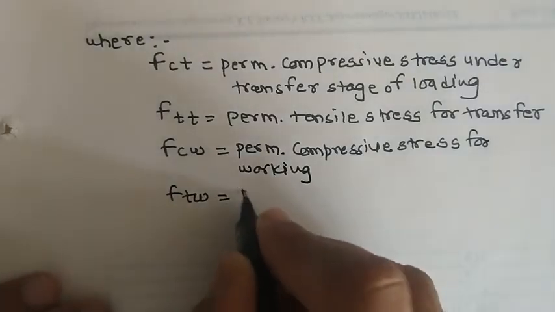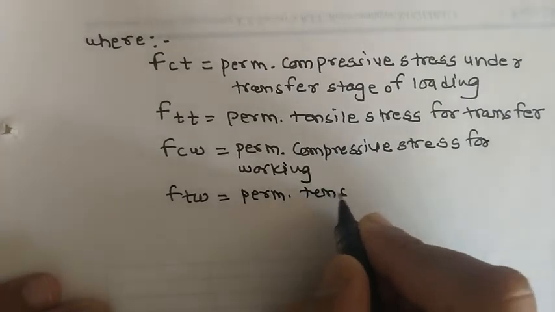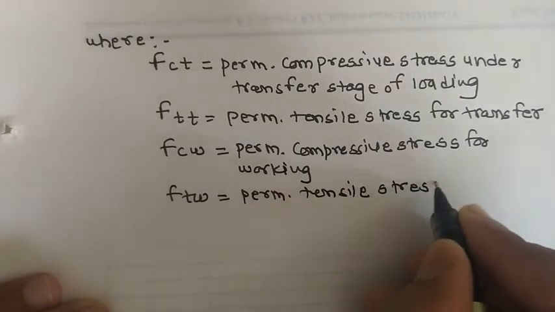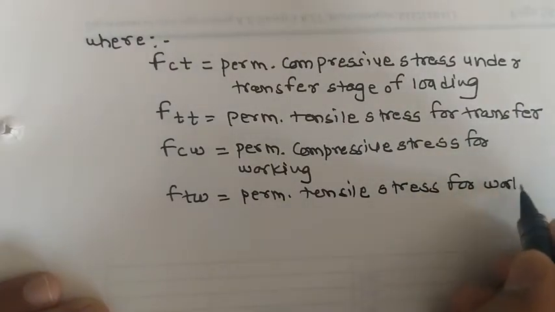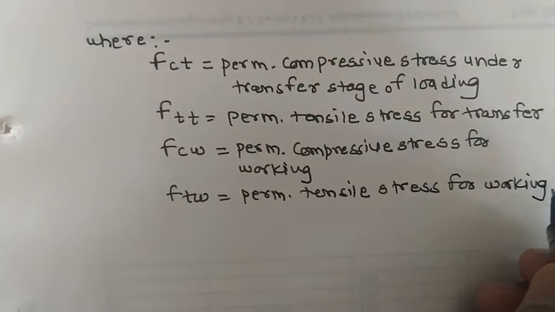FTW is the permissible tensile stress for working load condition.